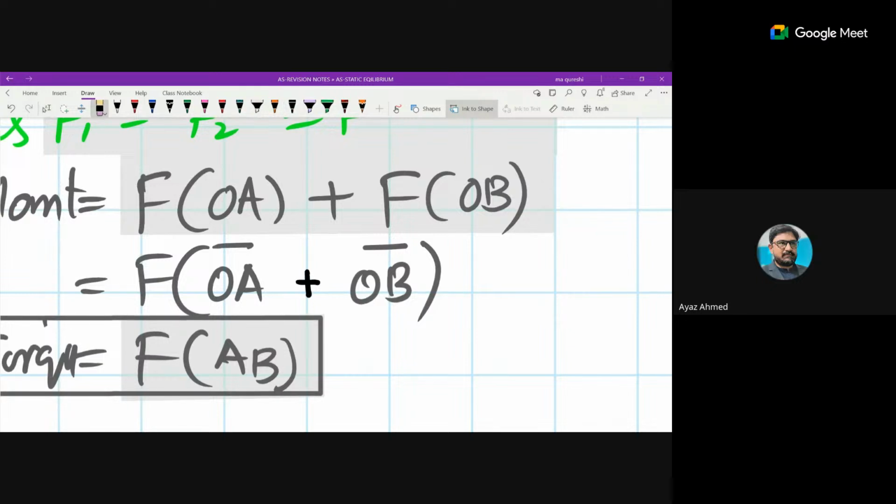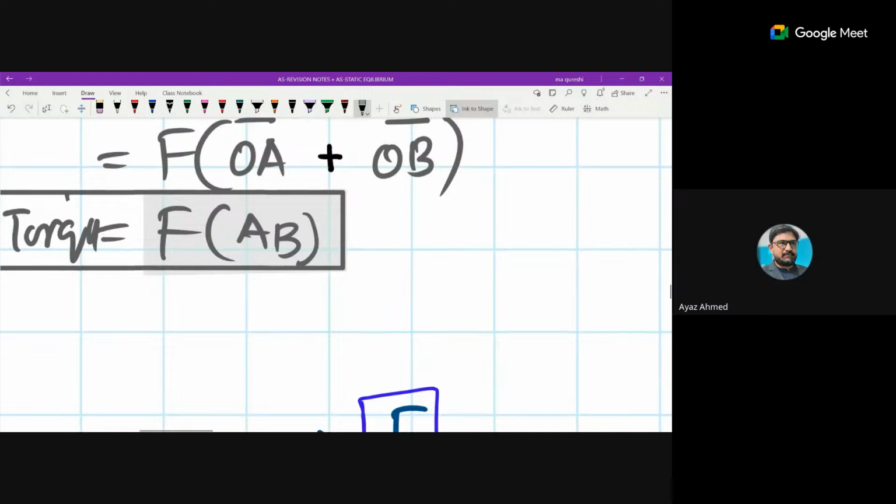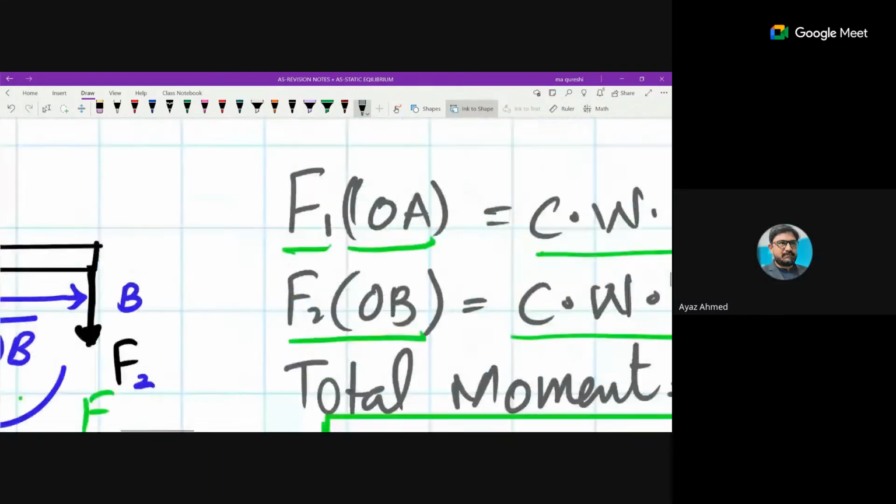When F is taken out common, your equation is left with what? OA plus OB. So go back to the diagram.